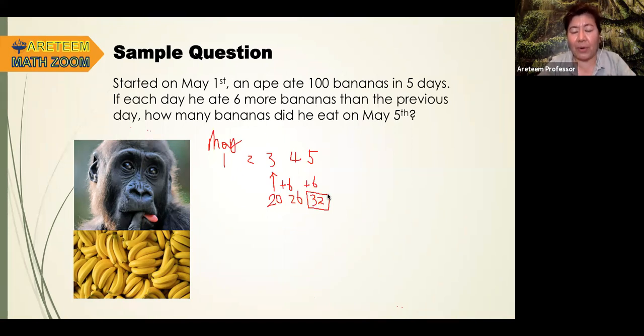Not only solvable, it's actually pretty easy to solve, right? Think about it: we started Wednesday, May 1st, through the 5th. The average is 20, corresponding to the middle day. Then we add 6 and add 6 again. You get the answer in like half a minute. Is that right?